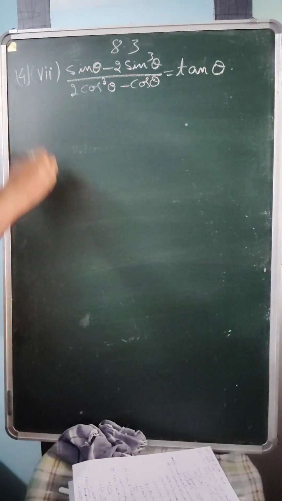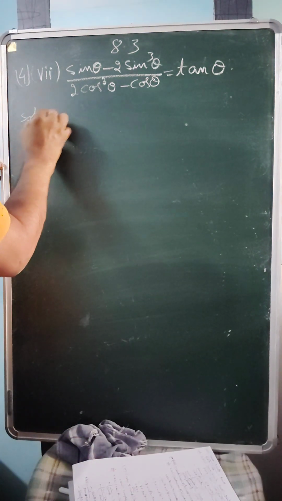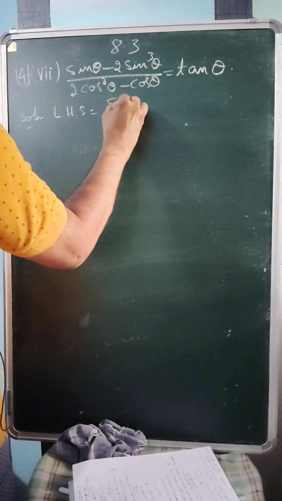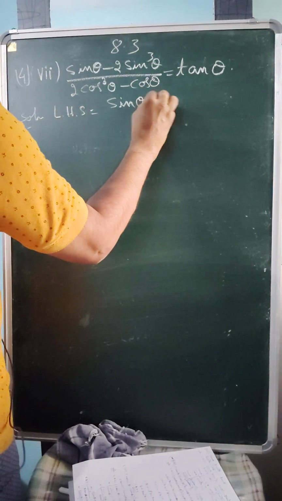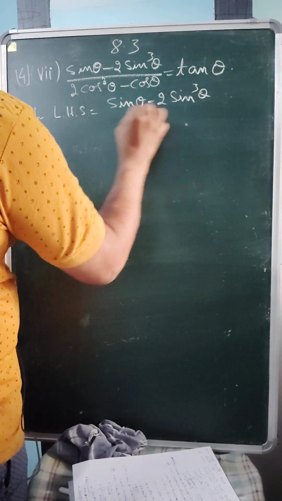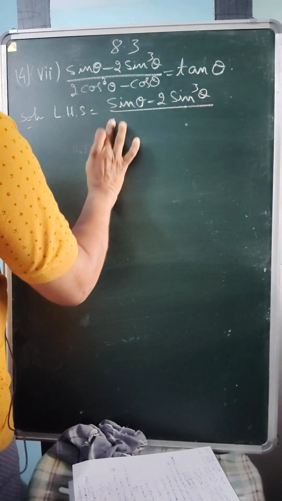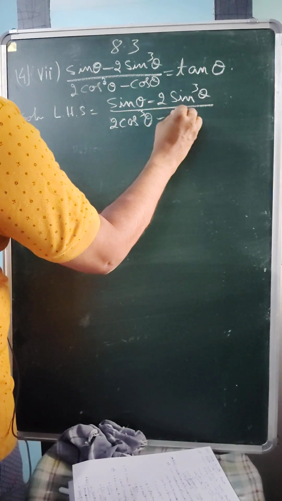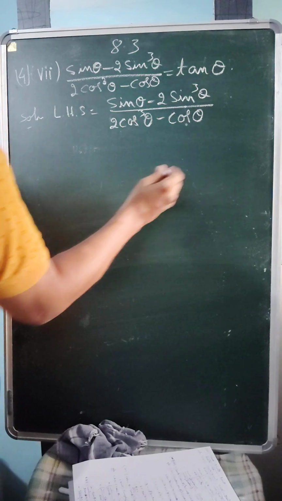Solution. LHS is equal to (sin theta minus 2 sin cube theta) whole divided by (2 cos cube theta minus cos theta).